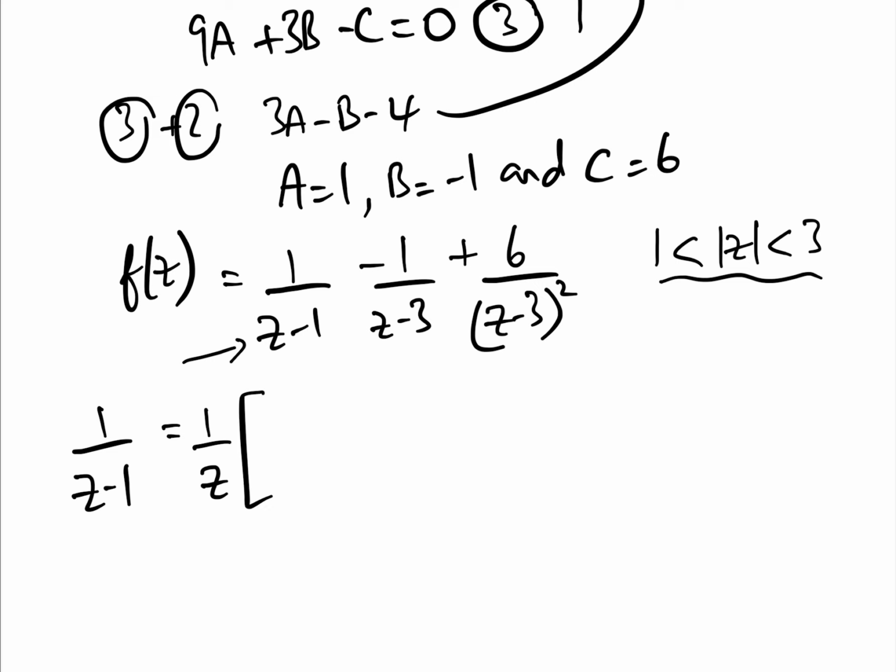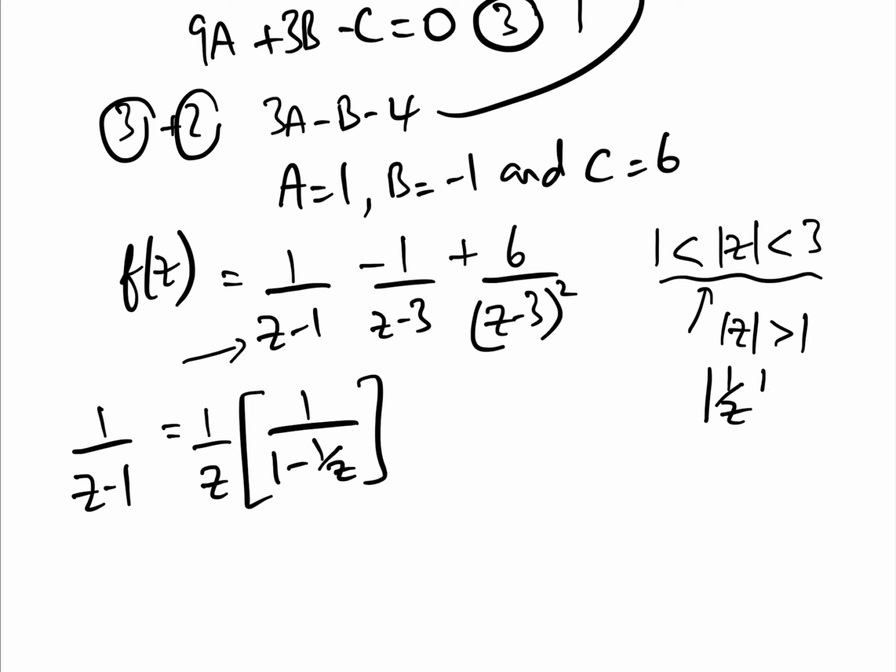Let's take z out, so that'll give us 1 over z times 1 over 1 minus 1 over z. And because mod z here is greater than 1, we know it's less than 3, but it's greater than 1, therefore mod 1 over z is less than 1, and therefore we can use the geometric expansion.